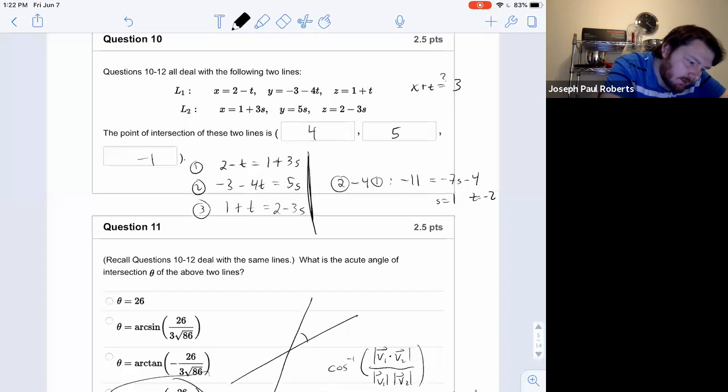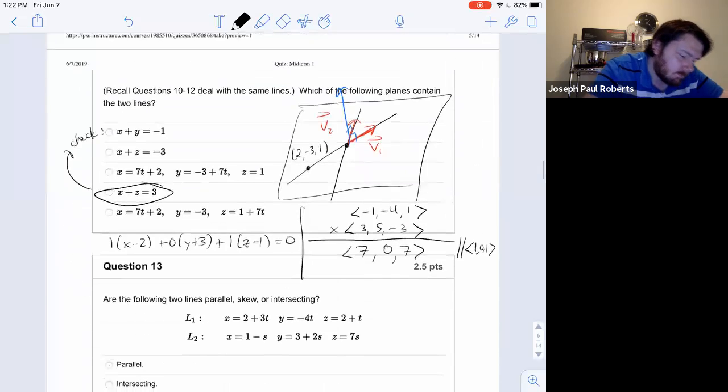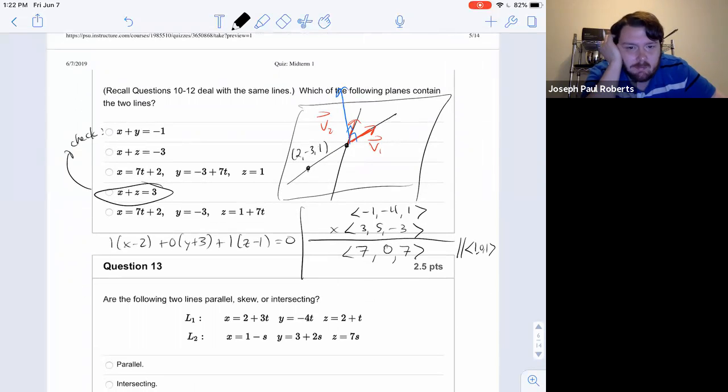Well, yeah, because the t's cancel out, so that works. For L2, does x plus z equal 3? Well, yes, the s's cancel out, so there we go. I felt a little bit bad having 3 and negative 3 here, but since this is the type of thing where you could easily check your work, make sure you take advantage of that when you can.